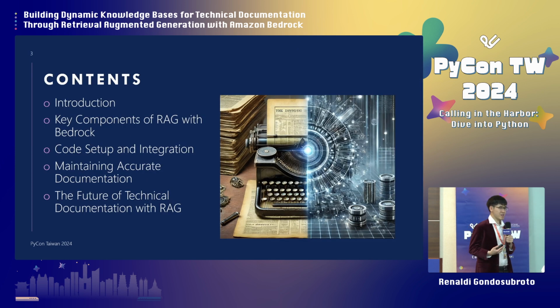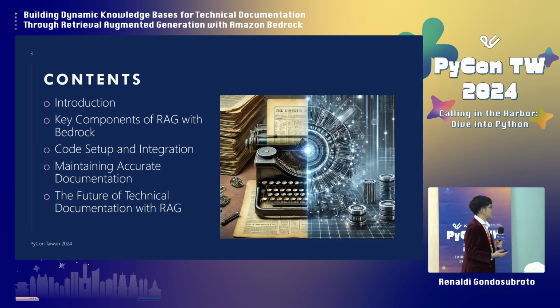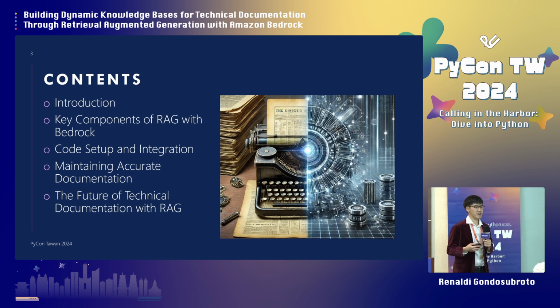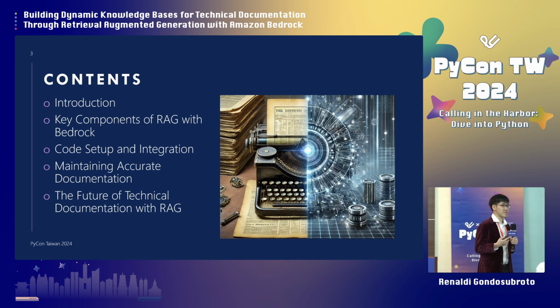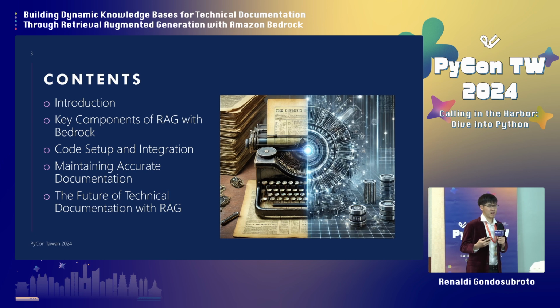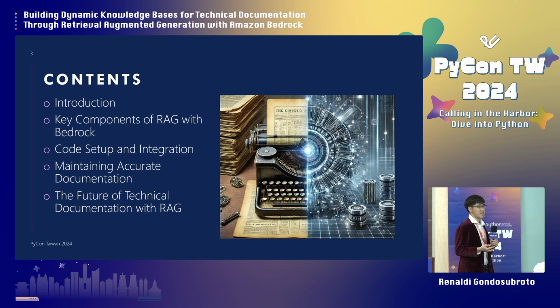So what are we going to go through today? First, a bit of introduction: what is Amazon Bedrock, what is Gen AI within the context of Amazon Bedrock, and what is RAG. After that, we're going to look into the key components of RAG within Bedrock. Afterwards, we'll look into code setup and integration, particularly a workflow for utilizing Bedrock within your own applications.